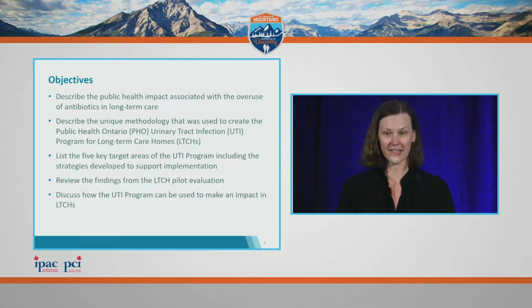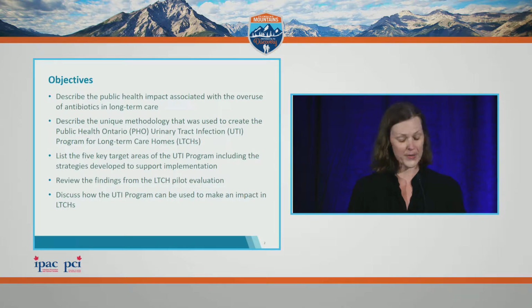So the objectives of the session today are to describe the public health impact associated with the overuse of antibiotics in long-term care, and specifically around asymptomatic bacteriuria. I'm going to describe the unique methodology that we use to create the UTI program for long-term care homes, and I'm going to list 5 of the key target areas of the program that support behavior change.